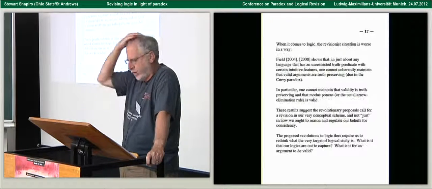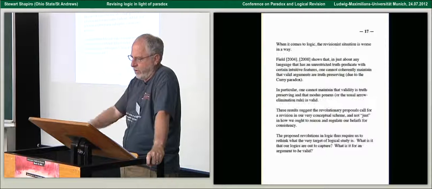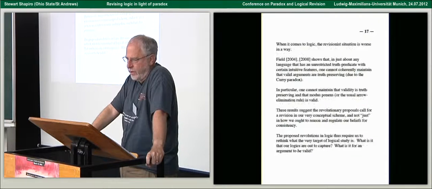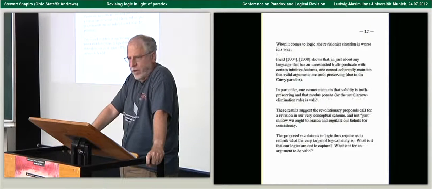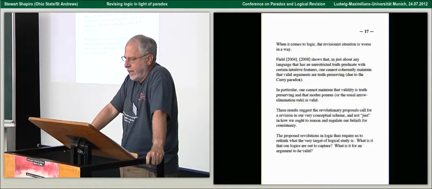I mean, there are options here. Actually, we heard a couple yesterday about if the logic isn't transitive, then maybe the result doesn't hold. But at least for a lot of the logics on the table, it does. You can't maintain that valid arguments are truth-preserving.